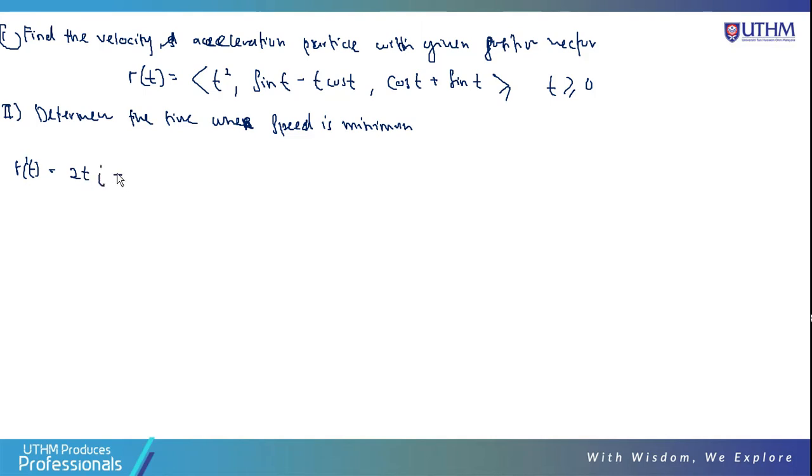Okay, plus you differentiate minus t cos t, so this one t cos t you need to solve using the product rules. So yeah, the product rules you need solve for the product rules.